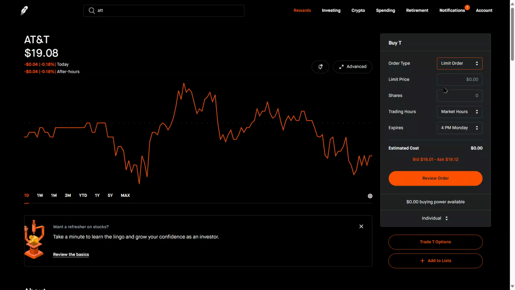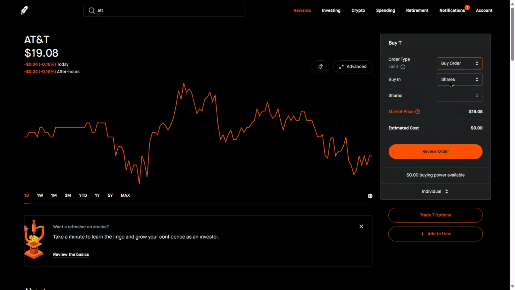So I want my order to fill immediately. That's why I go with buy order, because it's immediate. It's going to fill at whatever the market price is at that point. That's why when you see this, it's at $19.08, and as you see now, it's $19.08. That's what I'm buying it at right now, right? I want my shares. I want to make sure I enter that trade right there.